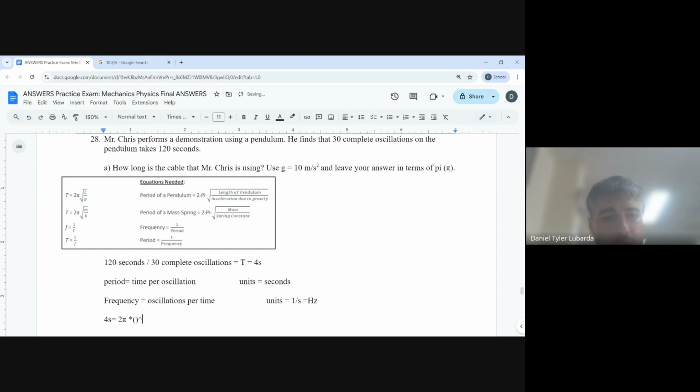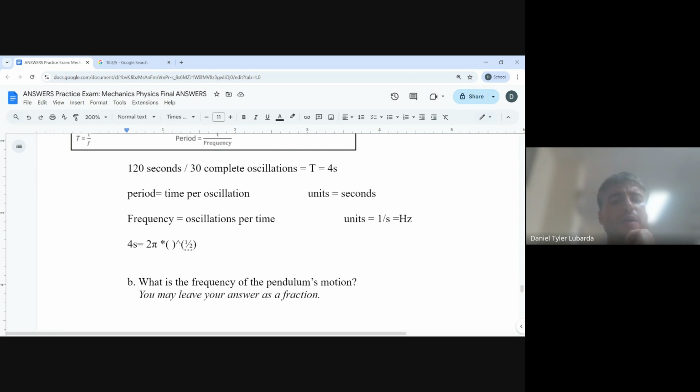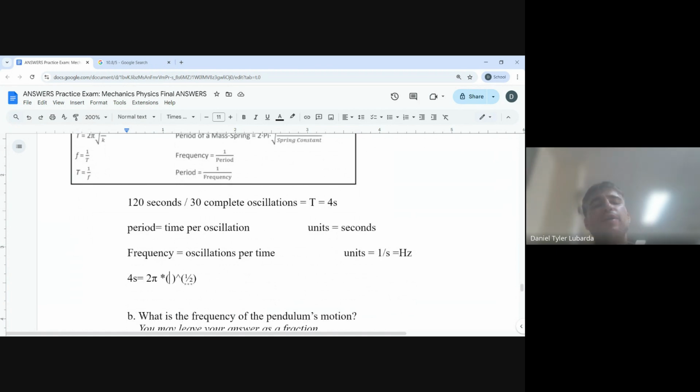I am going to write it like this. When you're entering math into a computer, this is an easy way to do exponents and roots. And if you use this symbol to the 1/2, that means it's a square root. And the length of the pendulum, well, we don't know the length of the pendulum right now.